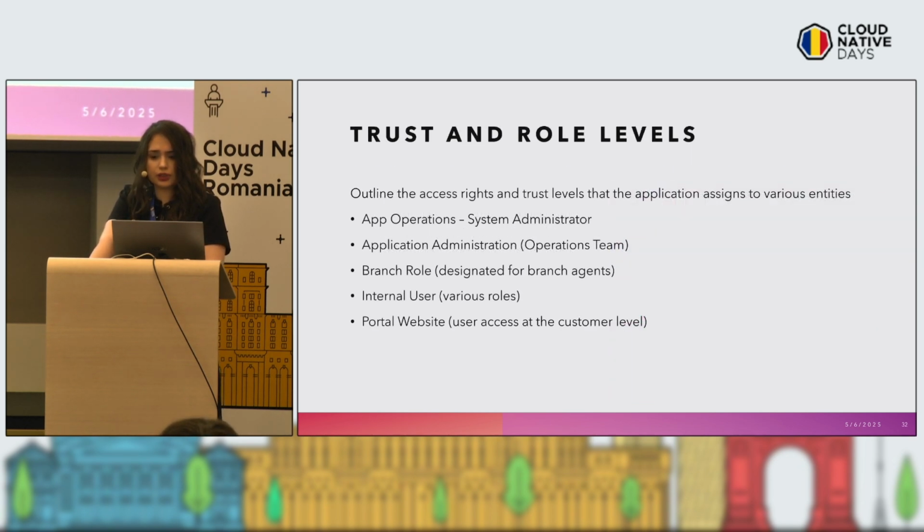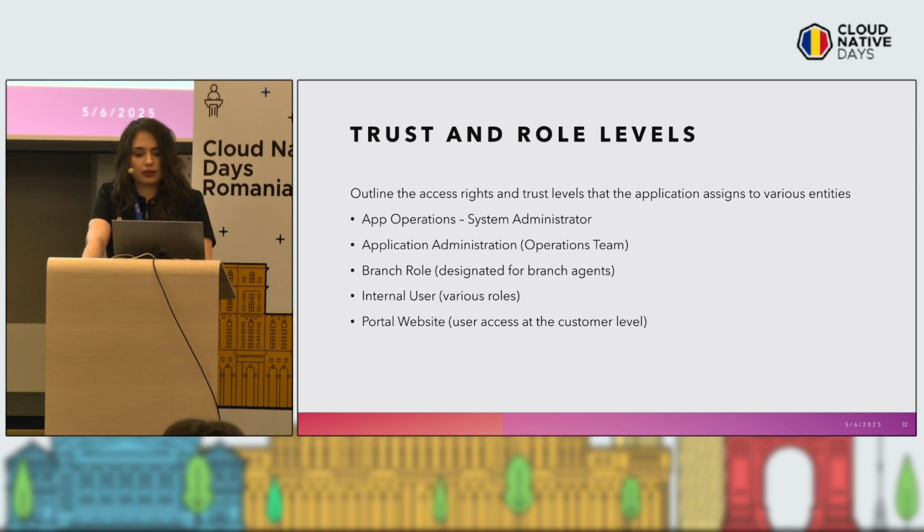So first, we identify the trust and role levels. We outlined here the roles that are available for this product. The app ops are the system administrator, for example, and have the highest level of trust and access.